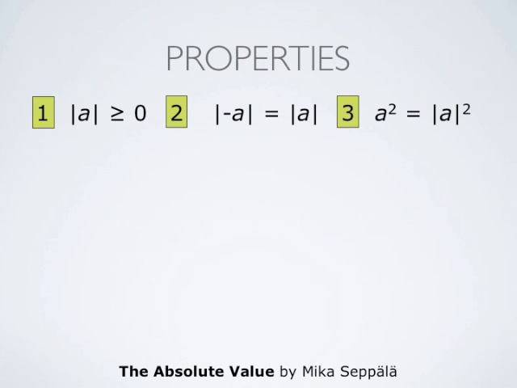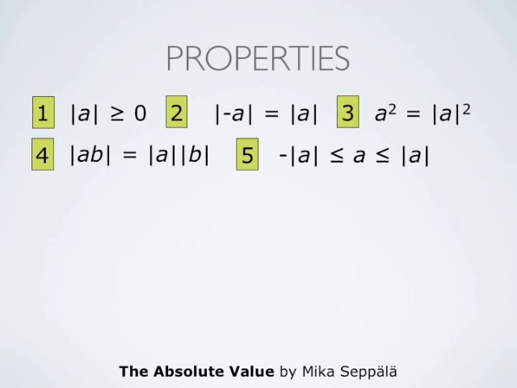A squared is always non-negative. The absolute value of a product a times b is the product of the absolute values, the absolute value of a times the absolute value of b. And a number a is always between a negative of its absolute value and its absolute value. And here, depending whether a is positive or negative, we have equality on one side and strict inequality on the other.